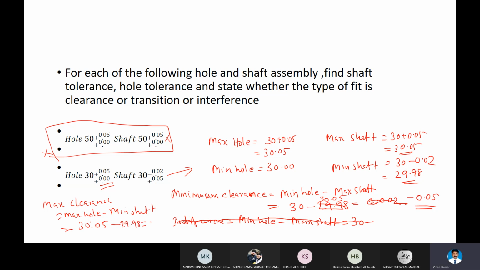What is the value? 0.07. Right? Yeah. One of them is plus, the maximum clearance, and one is minus, the minimum clearance. Have you noticed it? Minimum clearance minus, maximum clearance plus.